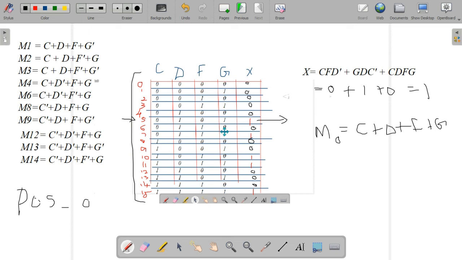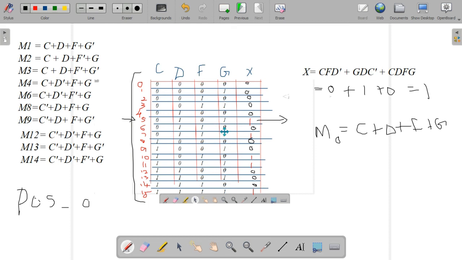From the truth table, we substitute the values in the expression and find the output X or F in the last column, and the corresponding zeros indicate POS. So we take the corresponding max terms of the respective zero positions.